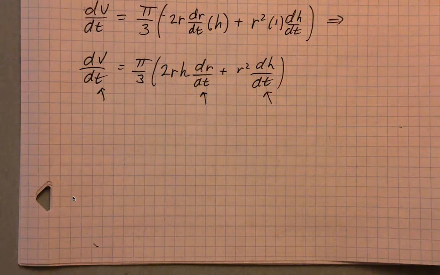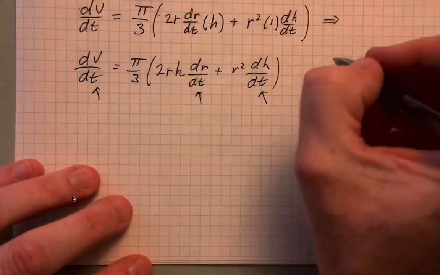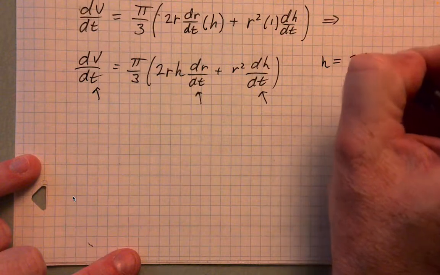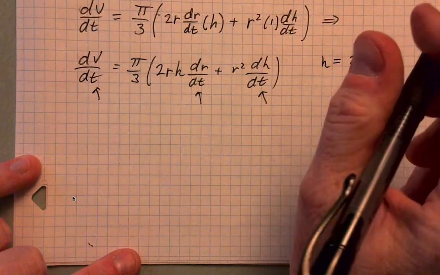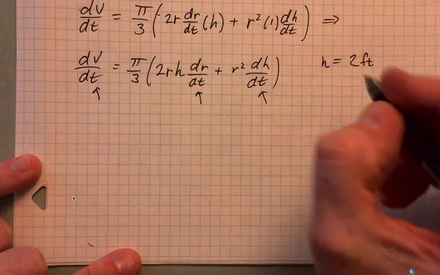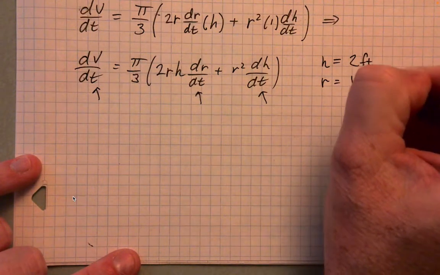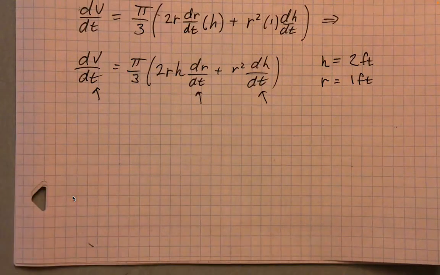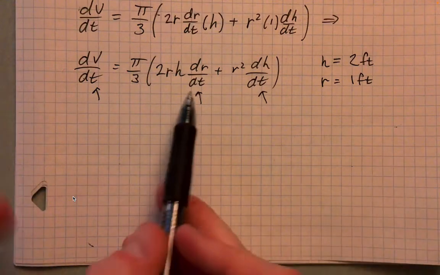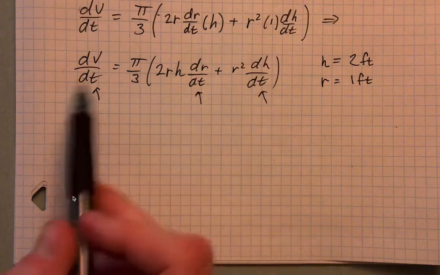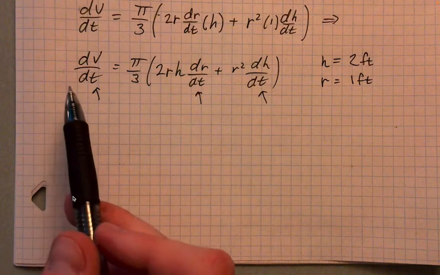All right, so what can we do with this? Well, let's assume for the moment that the height of the liquid is 2 feet. So at a particular instant in time, the height is 2 feet, and let's assume that the radius of the liquid at the height of 2 feet is 1 foot. If you know the rate of change of those two items, then you can calculate the rate of change of the volume.